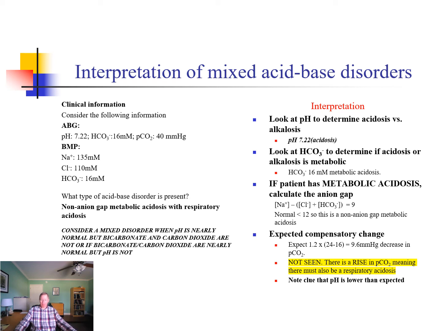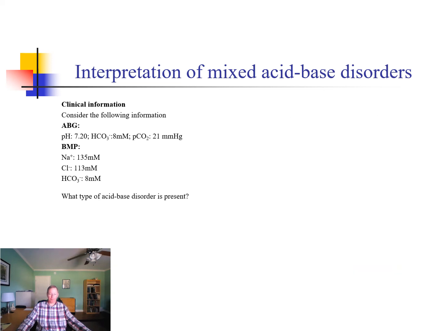Similarly, if the pH and either the bicarbonate or the PCO2 are off from their set values, but the other one is spot on or very close to it, you probably have a mixed disorder. So those are ways you can pay attention. But if you walk through this systematic way of interpreting the ABGs, you also will be in good shape. All right, let's try some more.